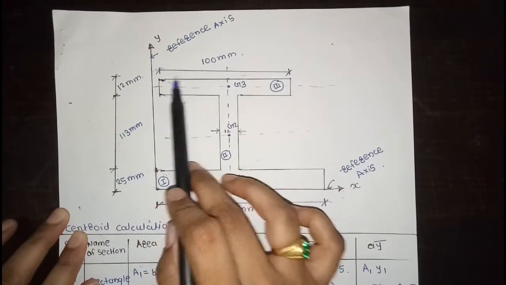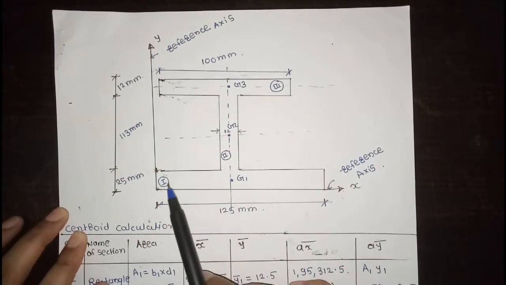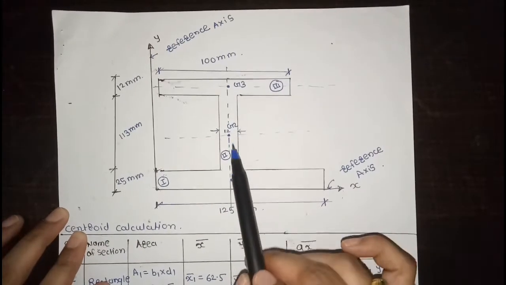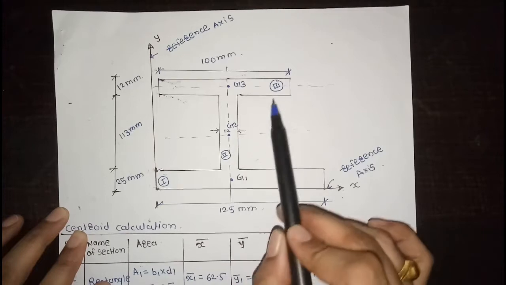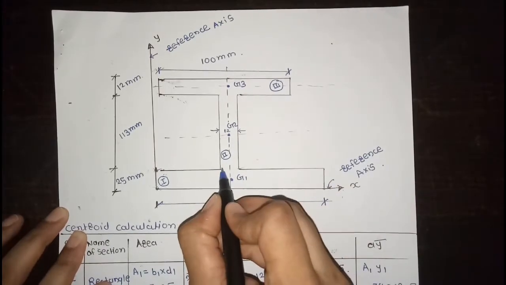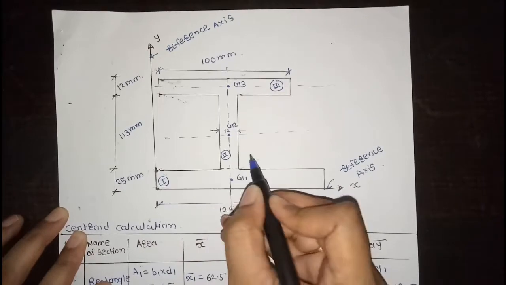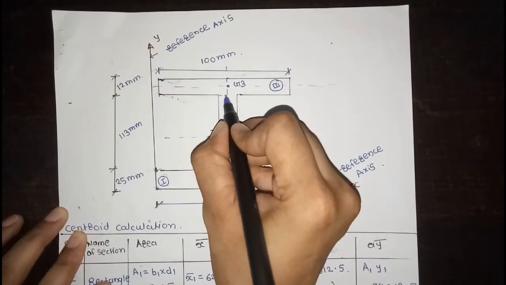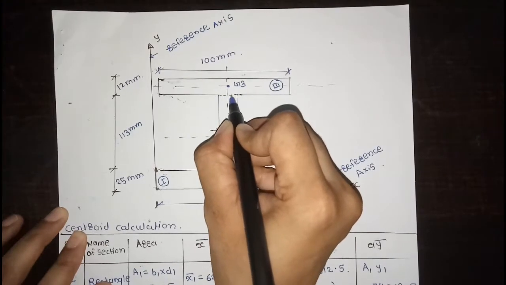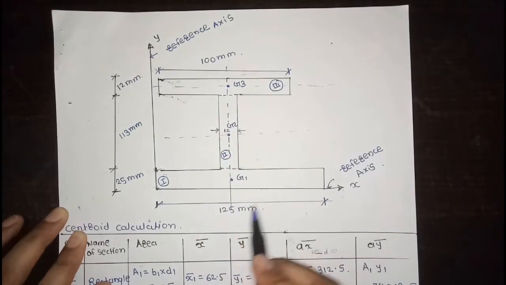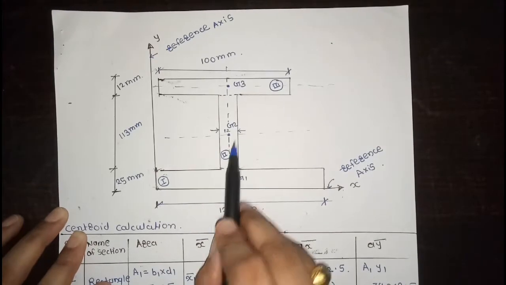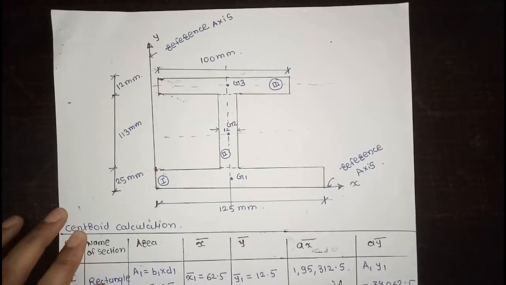First of all, we divide the section. This is the first section, the bottom section. This is the second section, the web, and the third section is the flange section. So draw the dotted line, so we make the rectangles. Okay, so first section, second section web, third section flange.